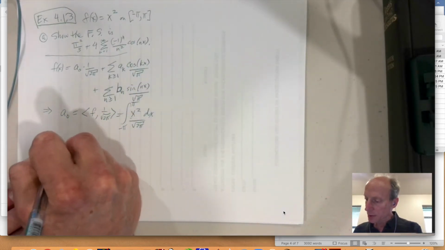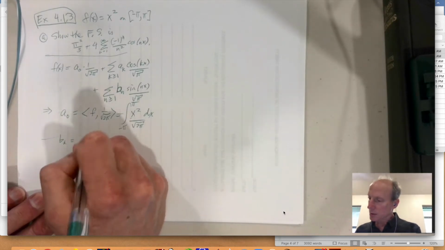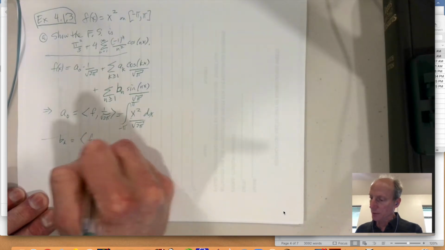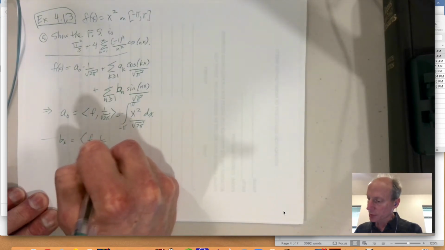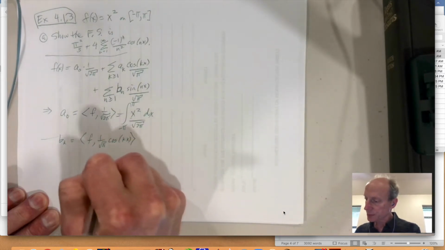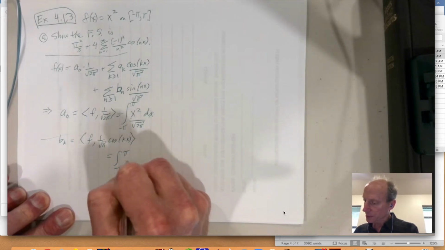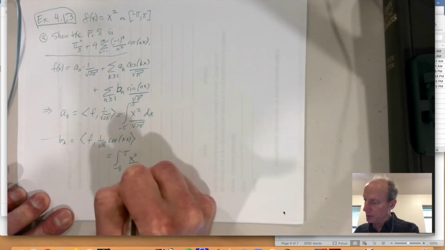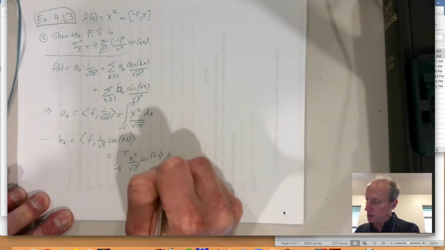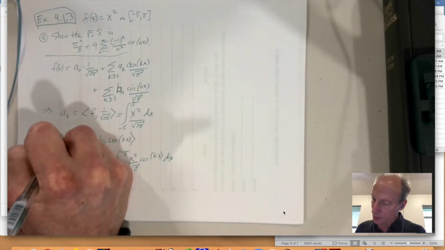And then Ak is the inner product of f with 1 over square root of pi cosine of kx. So that's the integral from negative pi to pi of x squared over square root of pi cosine of kx dx. Oh, that's Ak, sorry.